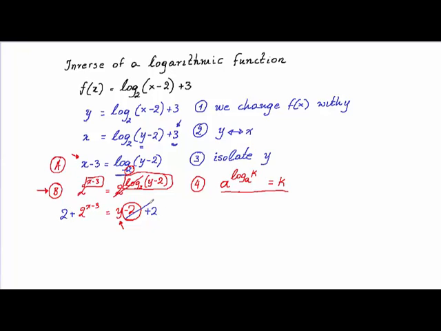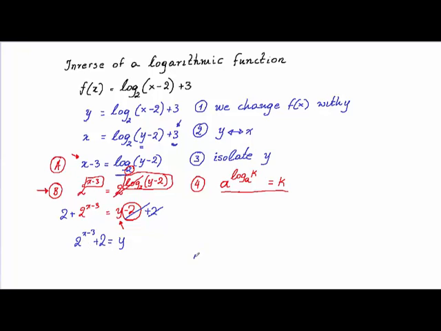Negative 2 plus 2 is going to be equal to 0. So we can see that y now is by itself on the right side of the equation, while on the left side of the equation I have 2 to the x minus 3 plus 2. So this is the y. This is equal to 2 to the x minus 3 plus 2.